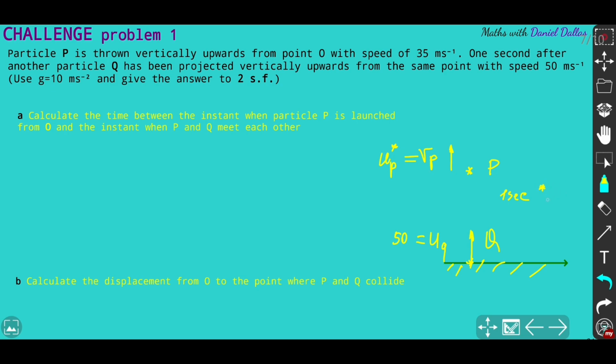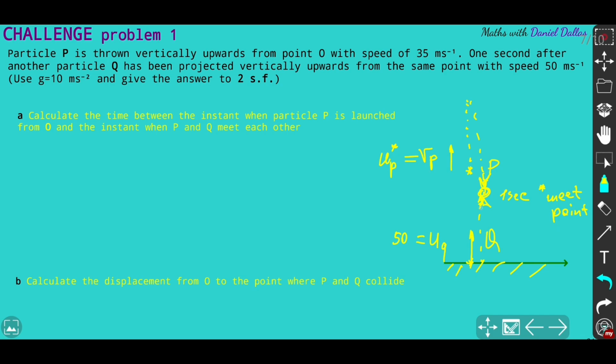Okay, midpoint. Particle P goes upward and then comes down to this point, and particle Q just goes straight up, and they meet here. That's the case you have. Many students start thinking from this moment, and I want to tell you that this approach is a bit harder because it takes more calculations and more evaluations.